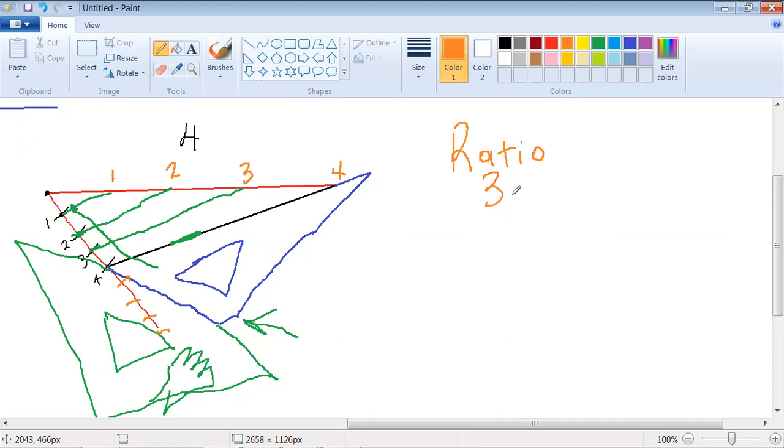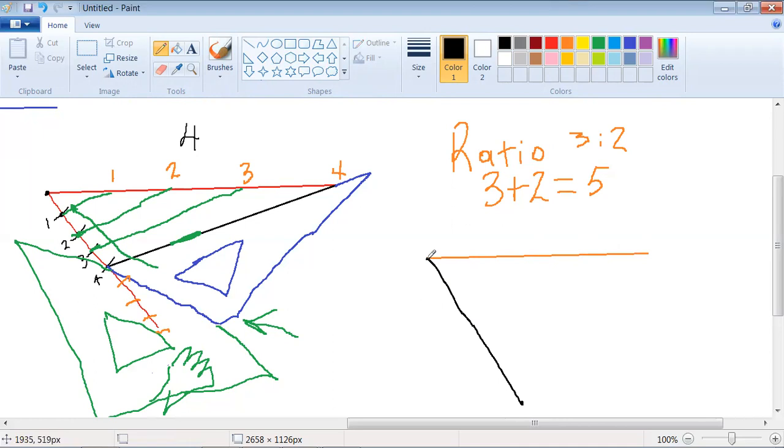Meaning you said 3 plus 2. The ratio was 3, 2. What you do, you say 3 plus 2 is equal to 5. Any ratio you get, just add the corresponding values. The answer you get is the number of divisions. Say the line is 103 millimeter. First thing you have to do is create an acute angle, and the answer is 5.